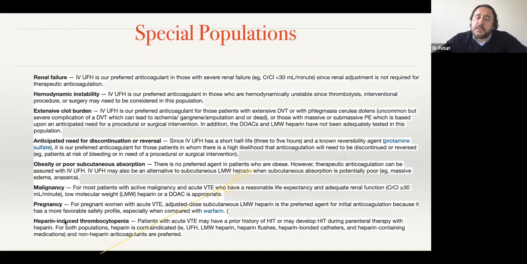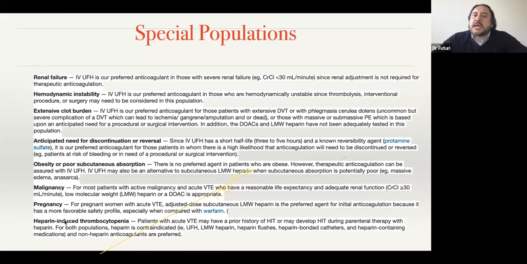Any patient, however, that's presenting to you with hemodynamic instability or extensive clot burden, these patients should be treated with unfractionated heparin on a drip. Remember that these patients, because of their instability, may need surgery. They may need thrombectomy.